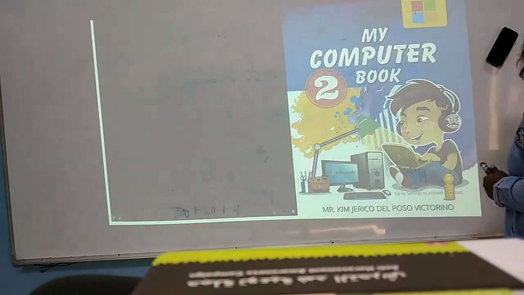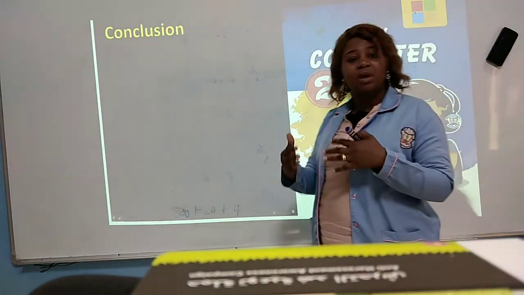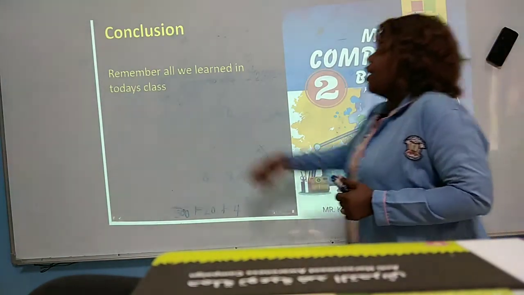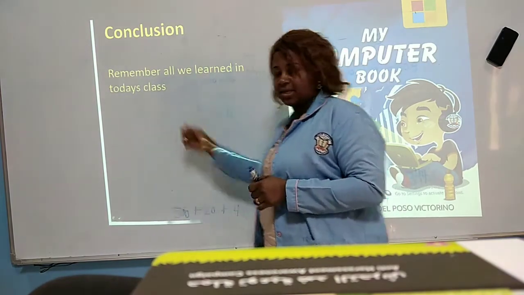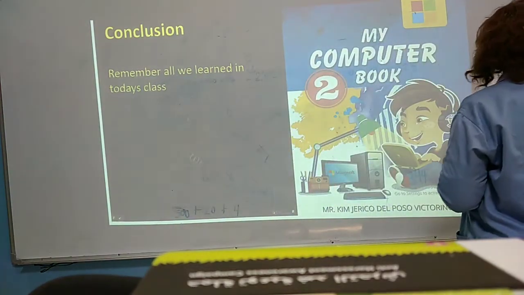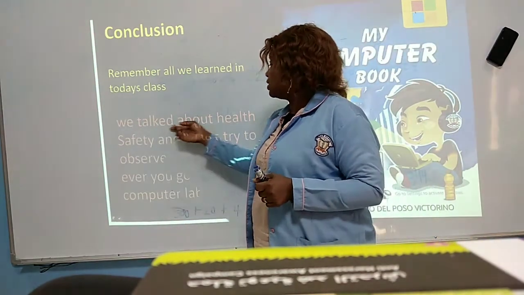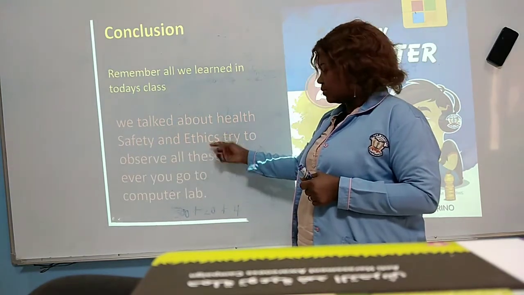Okay, this is our conclusion. Before we conclude, I want to make a quick recap of what we have learned today. Remember all we learned in today's class. What did we do today? What did we talk about? We talked about health, safety, and ethics.